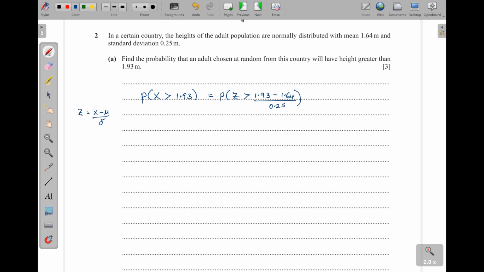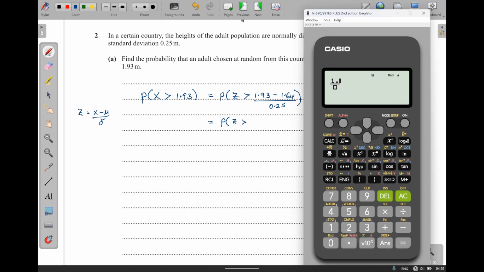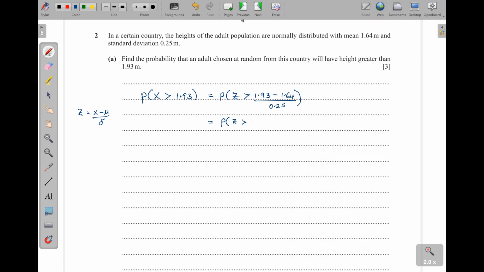So this one simplified, what does it give us? We have 1.93 minus 1.64, then out of 0.25, that is 29 out of 25, which is 1.16.